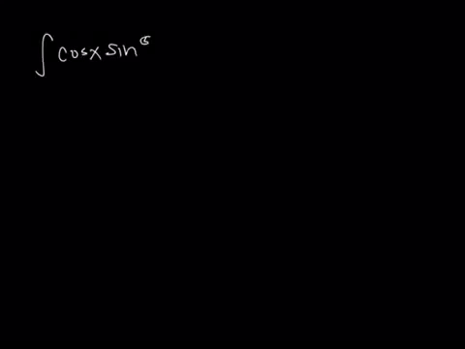The first problem that we're going to do is the integral of cosine of x sine to the 5th of x dx. Now, this one is actually solvable using a standard u substitution without having to do anything.